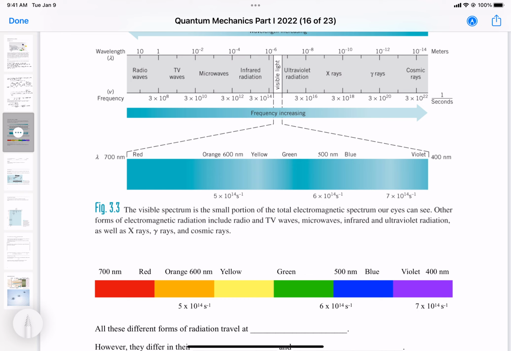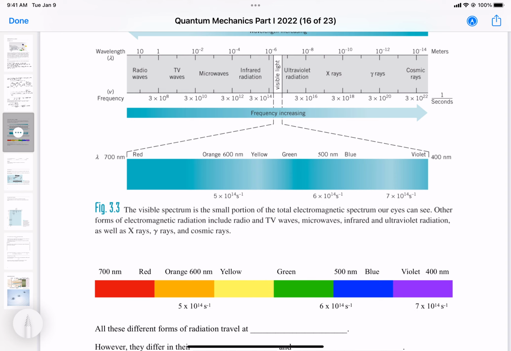Blue is usually from 500 to 450 or 400, and then anything below that gets into the region of violet, and then eventually you'll go into ultraviolet light. Okay, so ultraviolet light is usually on the order of very small wavelengths of light.